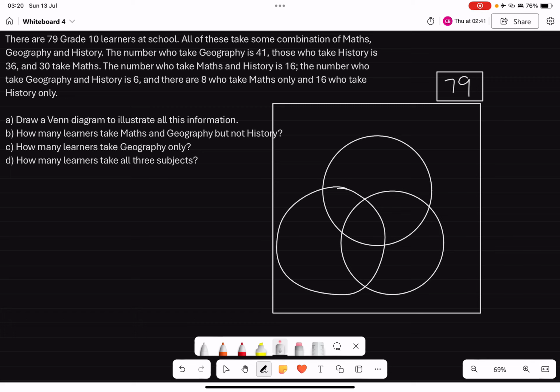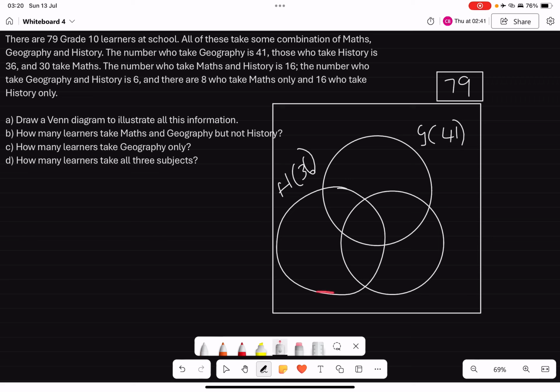The number who take geography is 41. So I'll put G here and 41 in brackets to show the total, meaning the total here, there, and there added together will be 41. Those who take history is 36. So we make this circle H, and the total is 36.